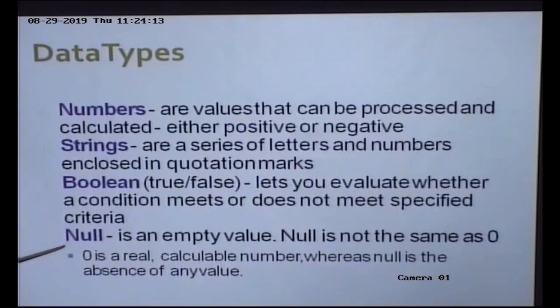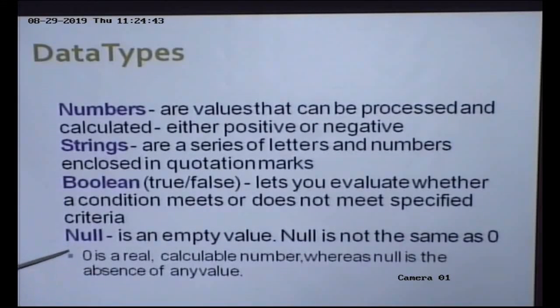Next is the null value. The null type is an empty value. Null is not the same as 0. Here 0 is a real, calculable number, whereas null is the absence of any value. Suppose you declare the variable as var x and do not define any value, then it is undefined, because the variable is not defined.